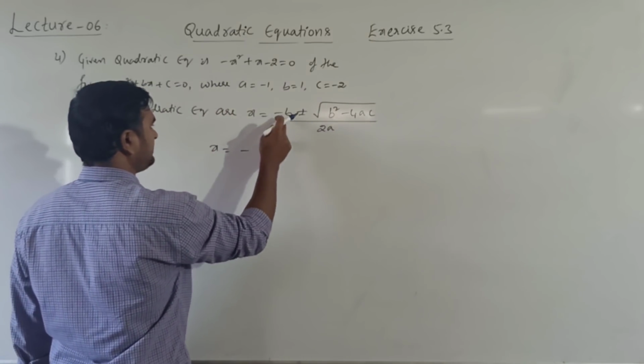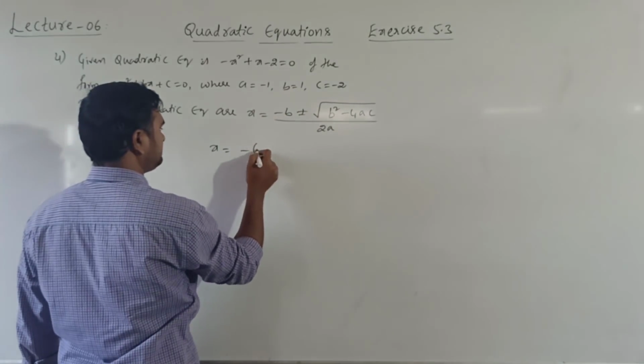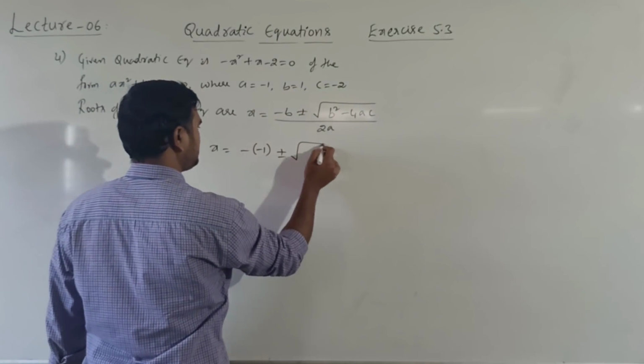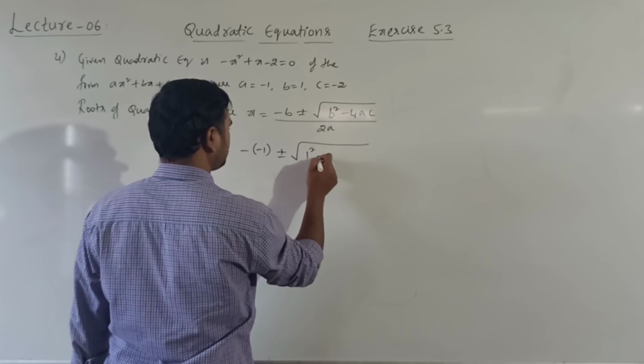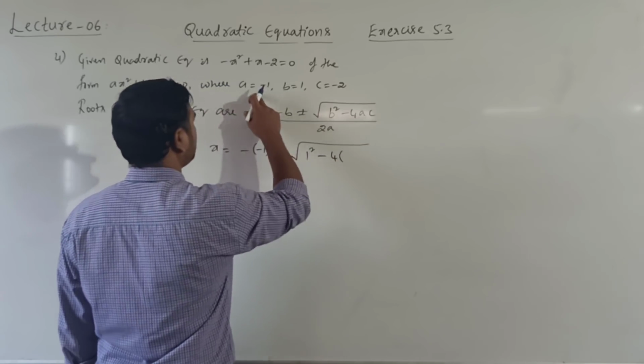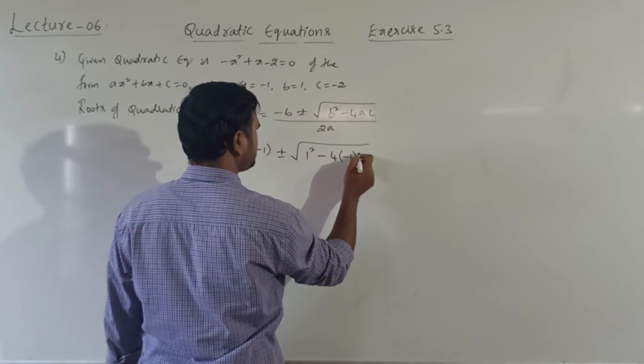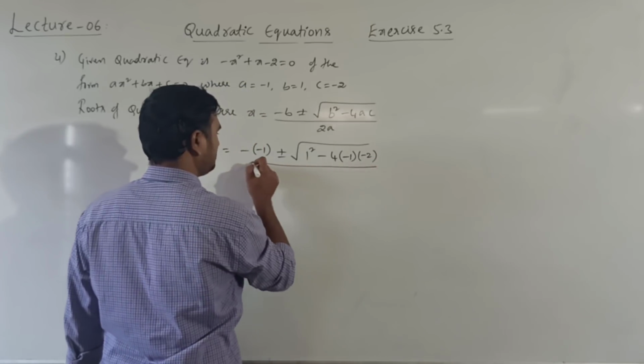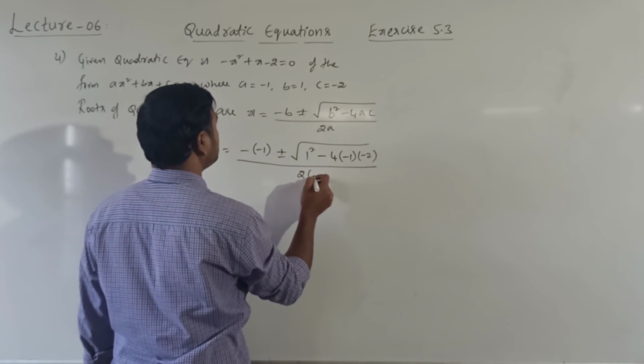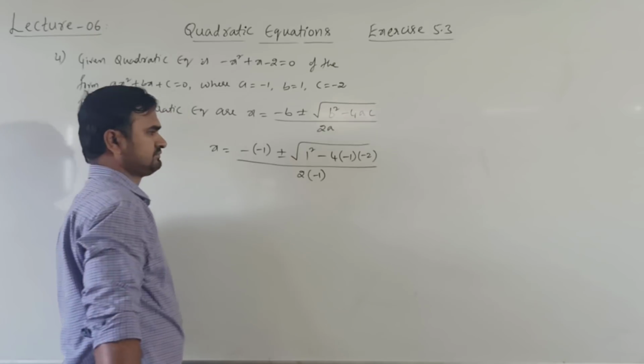So x equal to minus b is minus 1 plus or minus root of b square, 1 square, minus 4ac, 4 into minus 1 into minus 2, divided by 2a, a is minus 1.